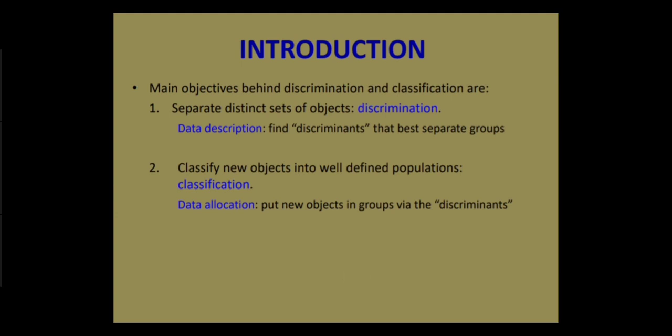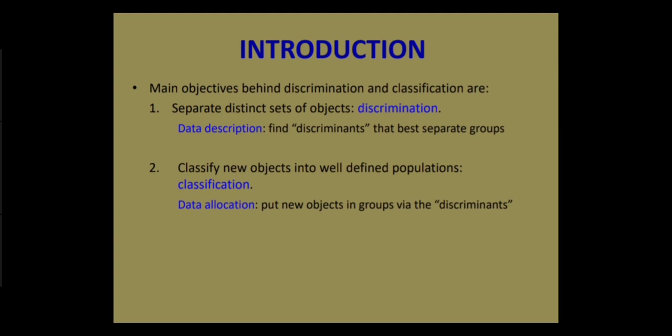We find which variables will function as the discriminators that have the best features to separate the observations into separate groups. Okay, that is the discrimination.